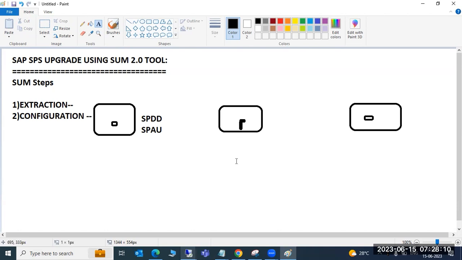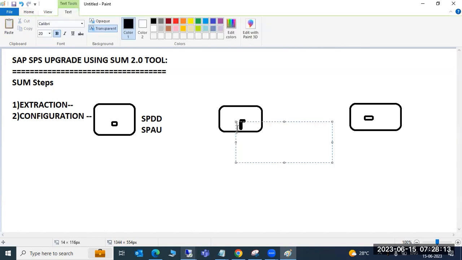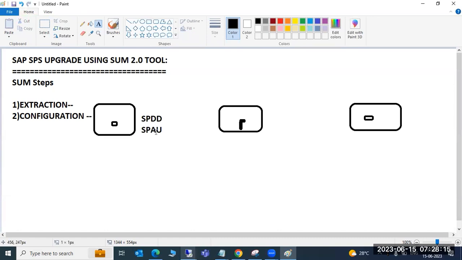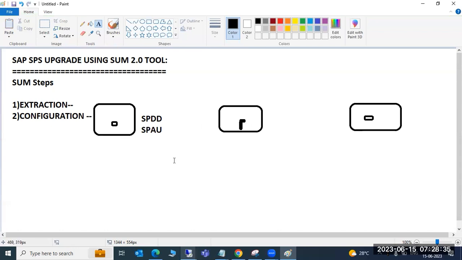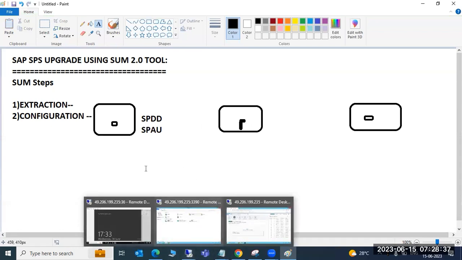When you are upgrading the quality system in the landscape, you have to provide the SPDD and SPAU, because they have already done the adjustments in development. So you have to provide the same thing. The tool will apply the same changes in the quality system, and the same in the production system as well. This is our first system, so we don't have any SPDD and SPAU transport. We have to give it empty.